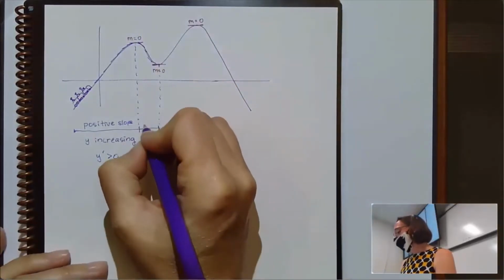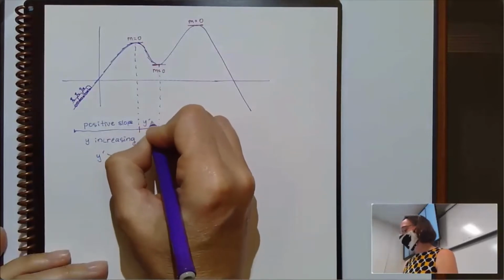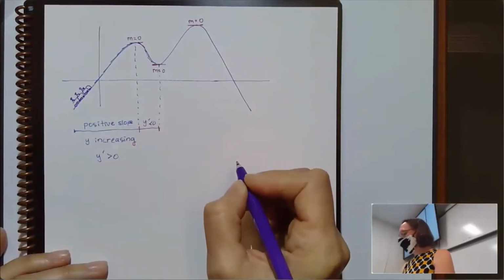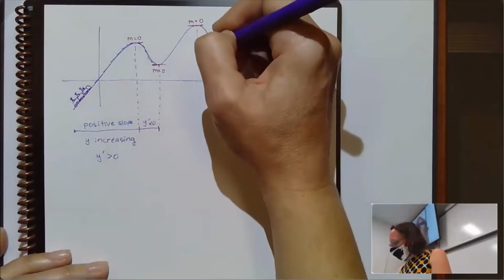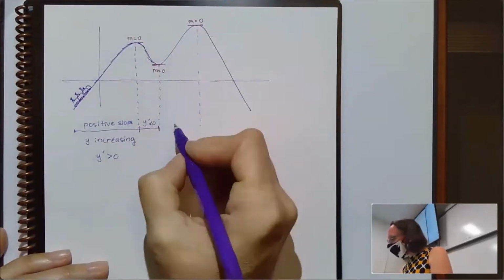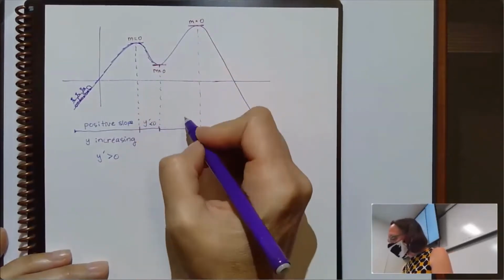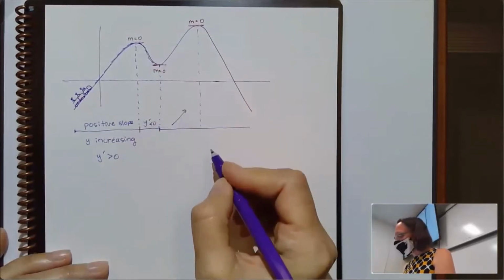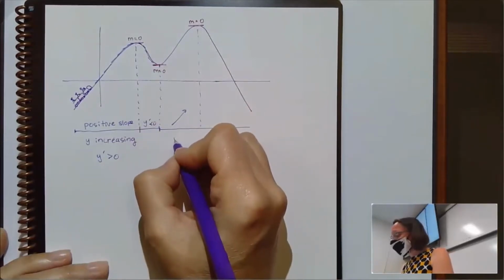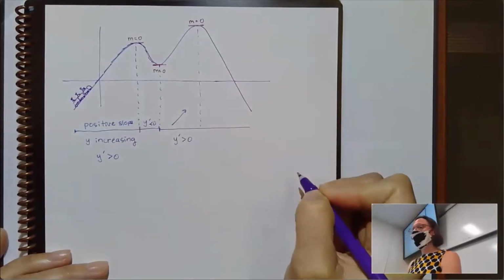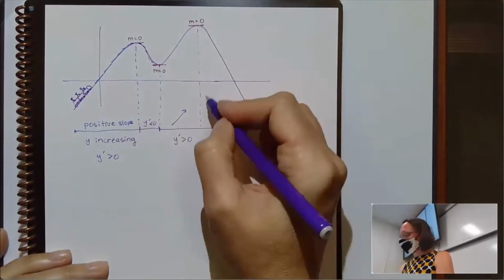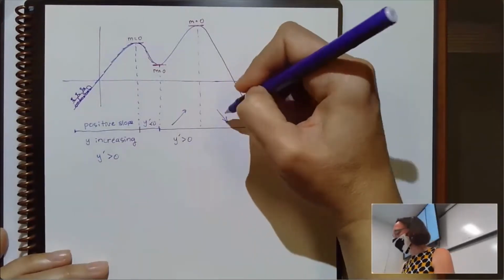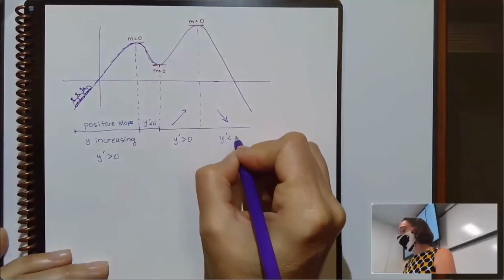So everywhere in here, my y primes are less than 0. Here, I'm going up again, and if I'm going up, I know that all of those slopes are going to be positive. And over here, I'm coming down, and I know that all of those slopes are going to be negative.